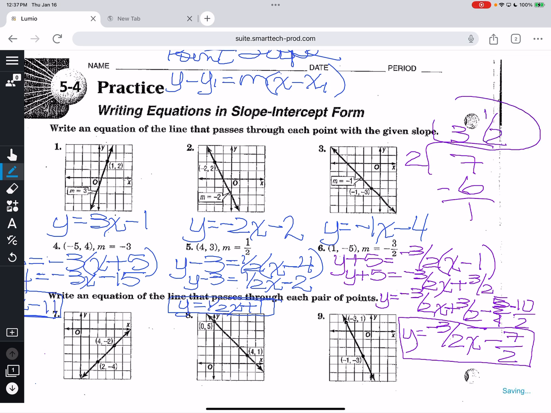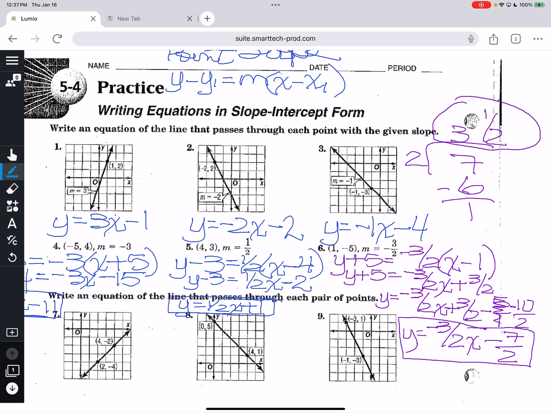What times 2 is 7? Nothing. 3.5, my fault. So you would come down the y-axis to negative 3 and negative 4, right in the middle. That is where you would start graphing. You ended up putting the 7 as the denominator for some reason. It happens.